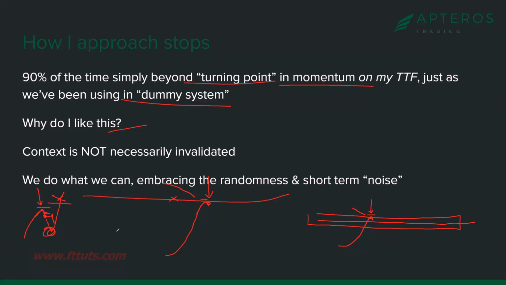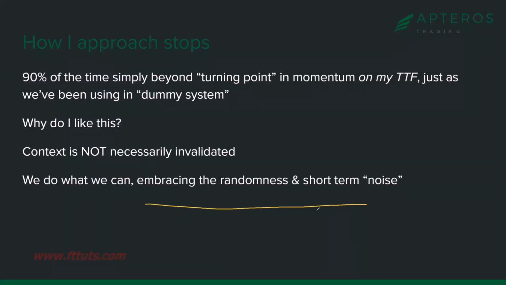Now, what's important about this approach that you understand right away is that, remember, context is not necessarily invalidated. Not at all. We can have our level, and we might come up into here, and I might get short right here, and I might get stopped out. And then it might do this, and I might get short right here. And it might work, who knows?